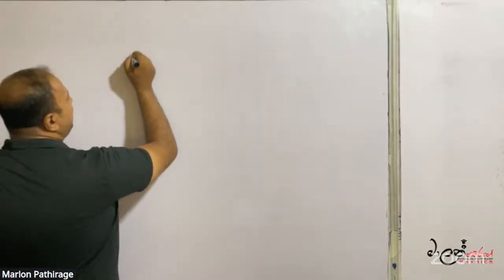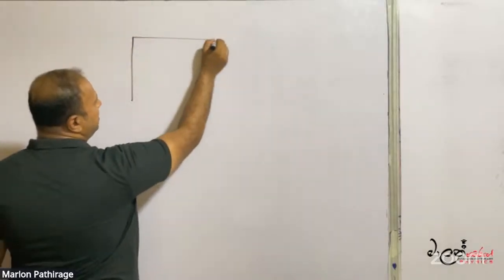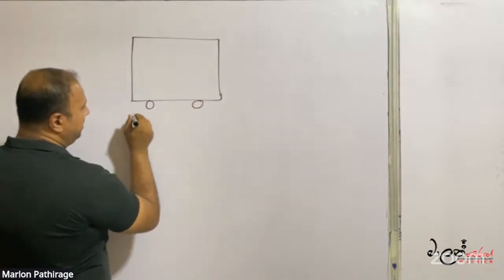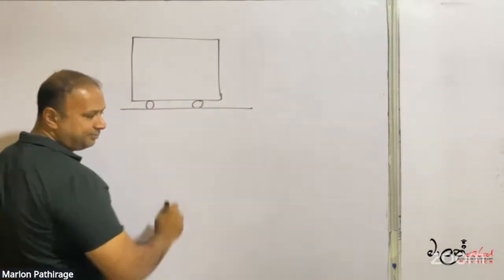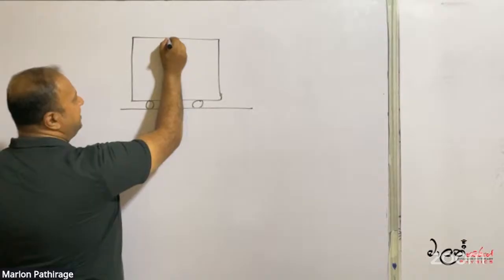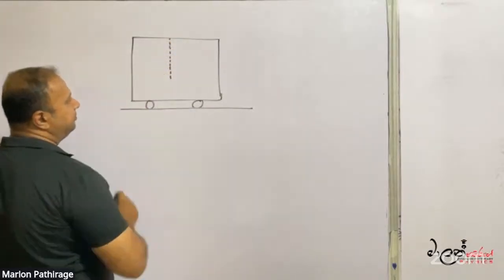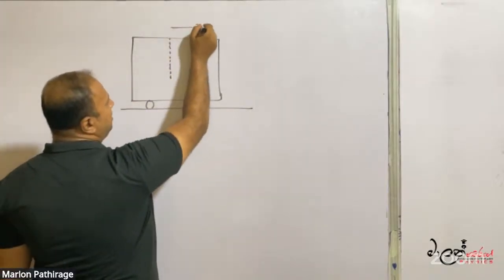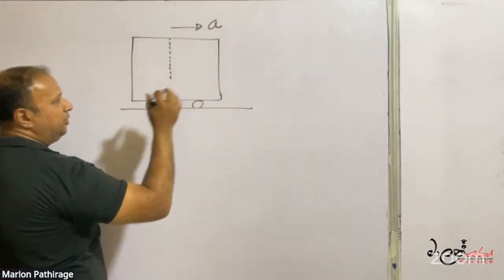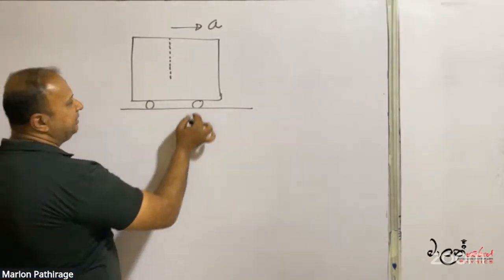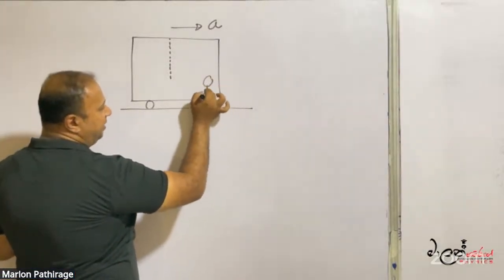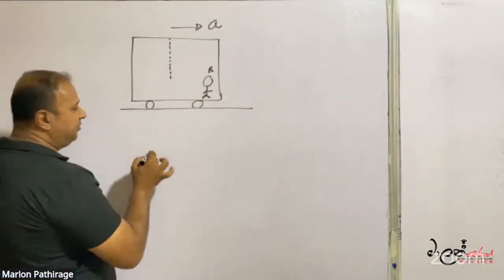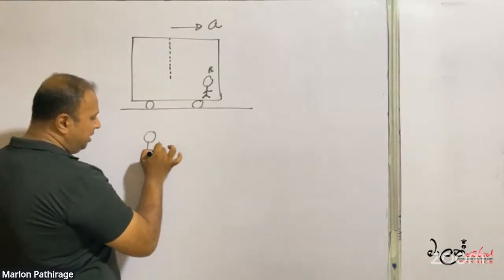Okay. Suppose, again the same example, now there's a train. And there's a simple pendulum like this. Now this object is moving with acceleration in the rightward direction. There's a man, an observer, inside the train, as well as another observer outside the train.